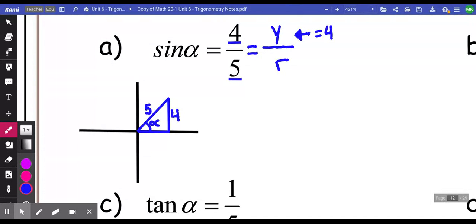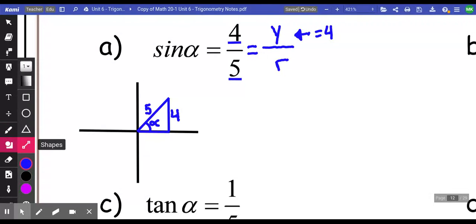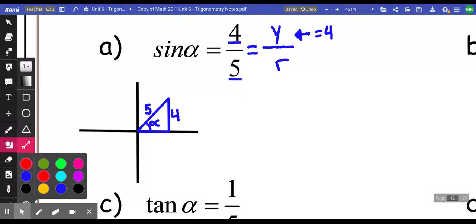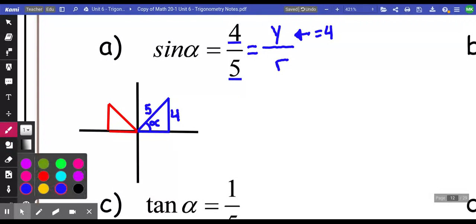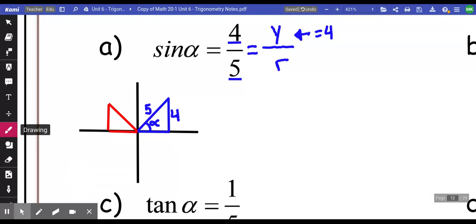For instance, I could draw this exact same triangle, but over here. I could still have in this triangle a y value of 4 and an r value of 5. And this right here could still be alpha.